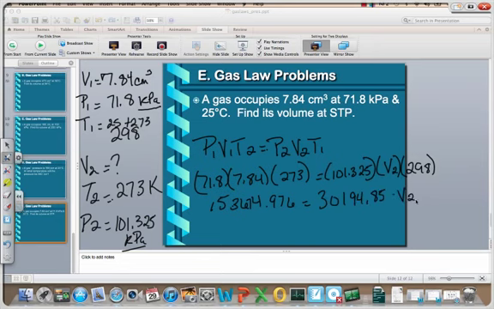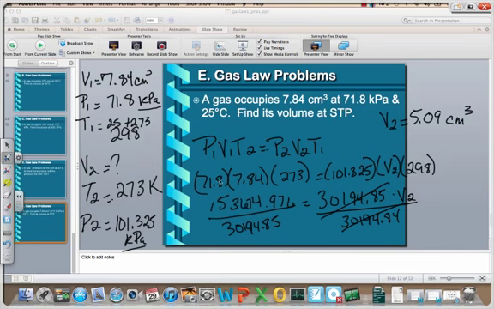Times V2. So we need to divide this number out to get V2 by itself. All right, so V2, the second volume, is going to be 5.09, and this is centimeters cubed. If you went through with all the units, you'd see what cancels and what's left over, and it's going to end up being centimeters cubed here.